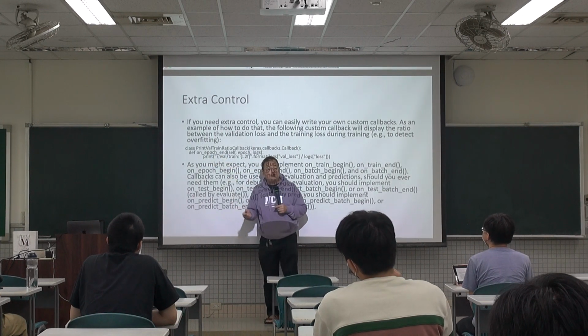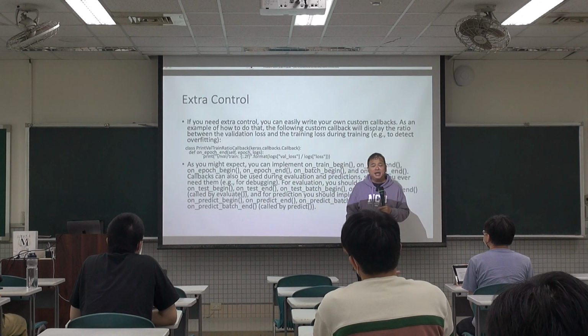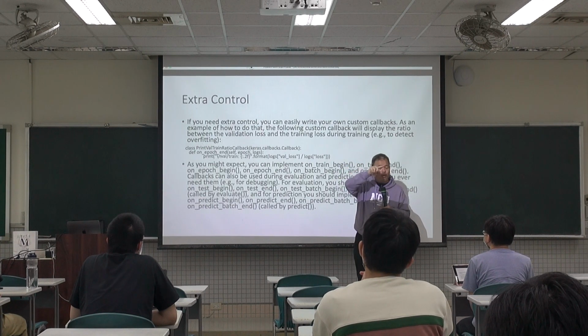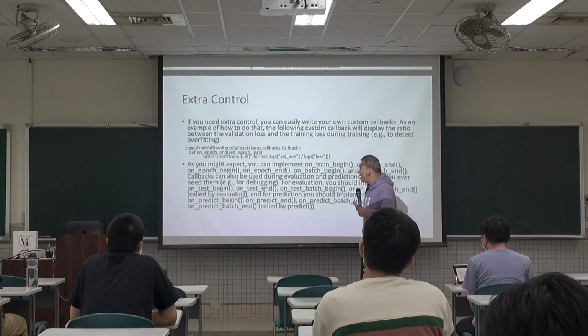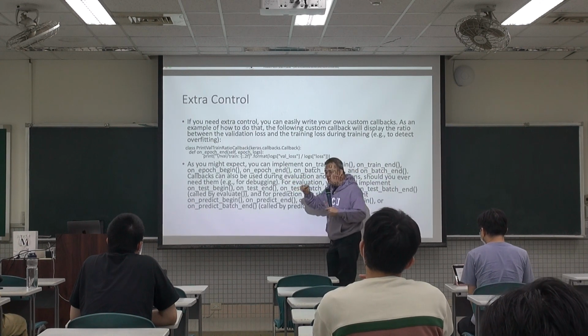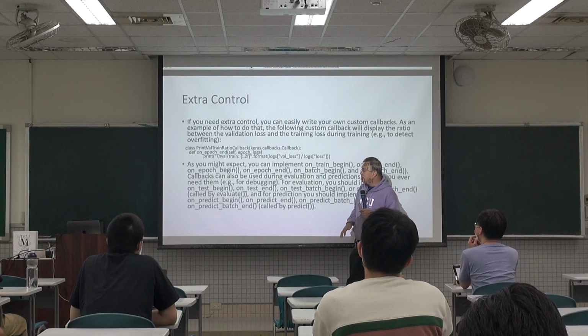Obviously. So you may ask, on what other occasions, other than the end of the epoch, can I have my statements executed? Actually, there are many different places you can run your code.